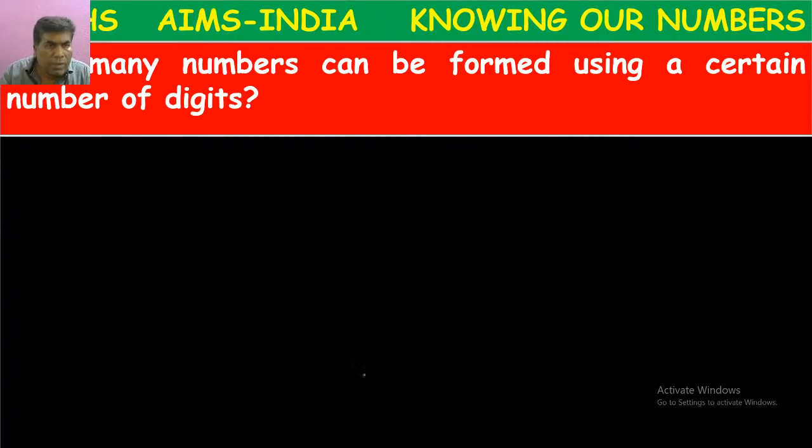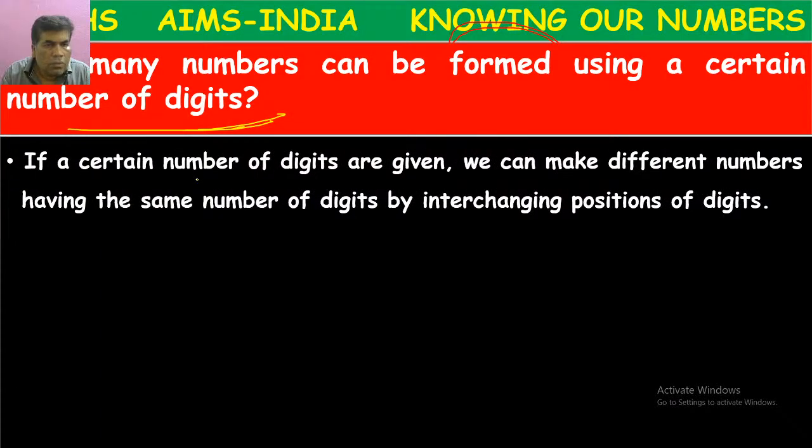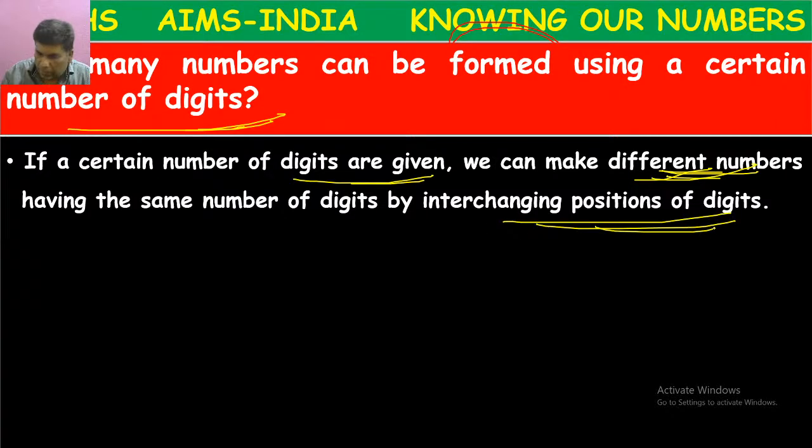So what is the next topic? How many numbers can be formed using a certain number of digits? If we are given a certain number of digits, they are asking how many different numbers we can make by interchanging their positions.